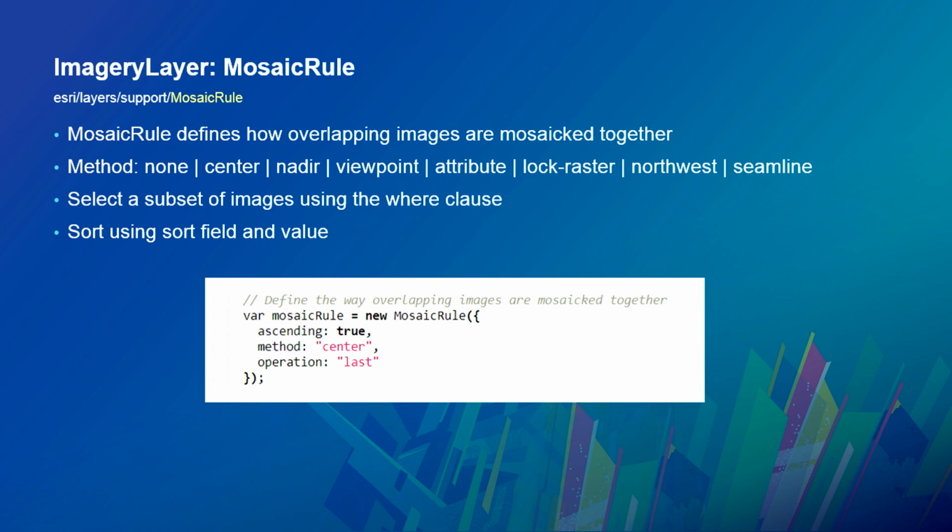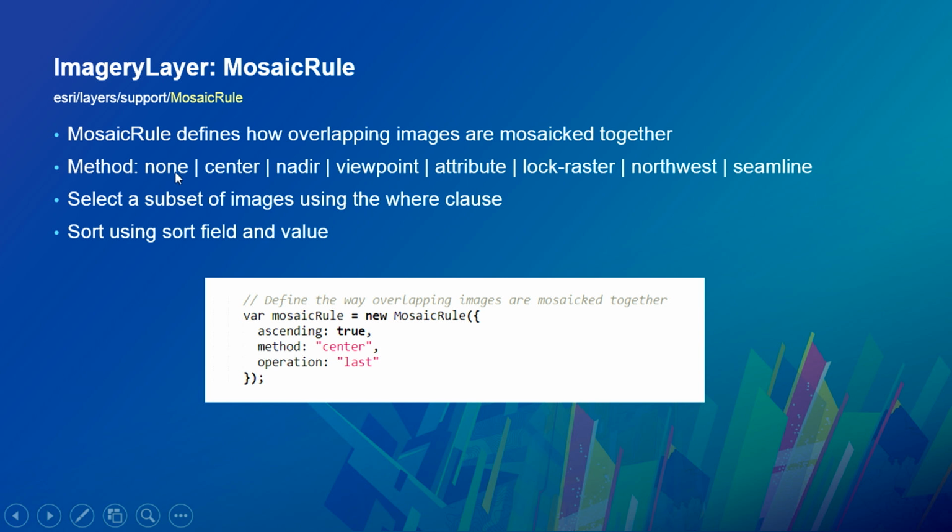Since it's a catalog of images, I can use the attributes or the fields to construct a clause that refines the images that I am looking at. And once that is done, through the where clause, I can also specify how the images should be ordered based on certain criteria.